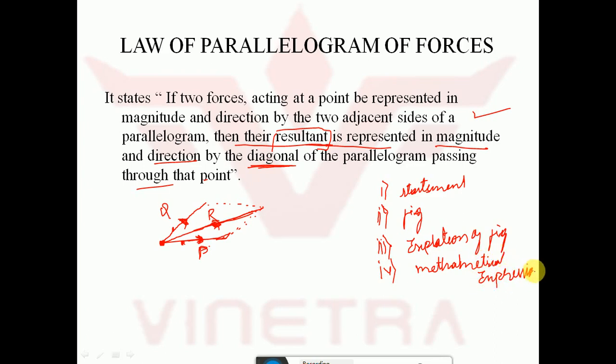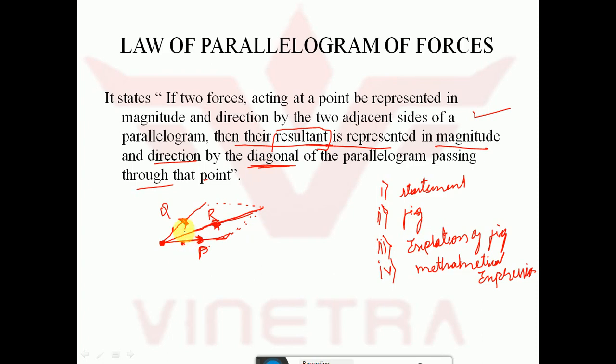So before going into the derivation, first we shall know why this derivation is required and what is the importance of this law of parallelogram of forces. The law of parallelogram of forces is used to determine the resultant of two forces acting at a point in a plane.